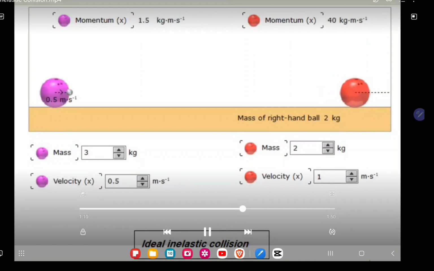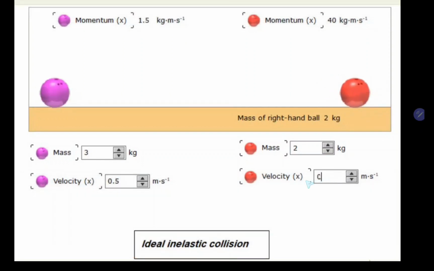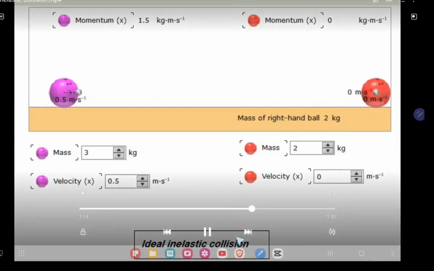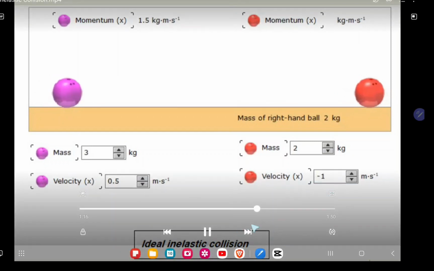Now, on the other hand, if we modify the velocity to minus 1 and the mass equal to 2, while the mass for this one is equal to 3 and the velocity is equal to 0.5. Look, the momentum for this one is minus 2, and the momentum for this one is 1.5.